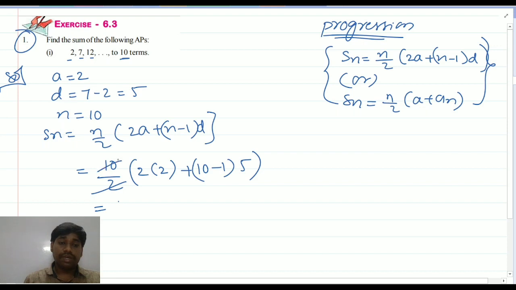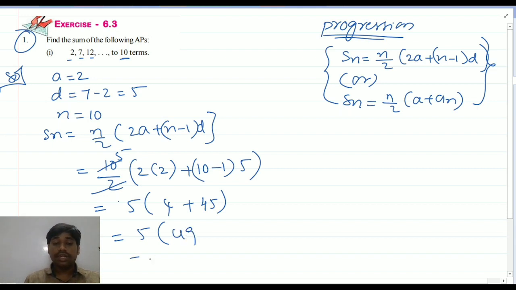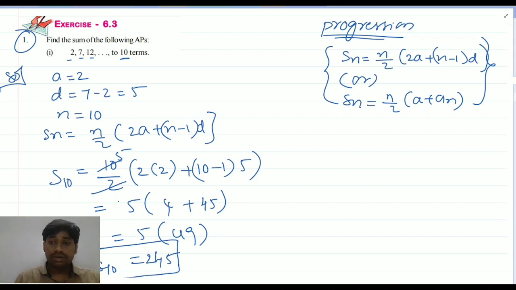That is 5 of 2 twos are 4, 10 minus 1 is 9, 9 into 5 is 45. So 5 of 49, it is 245. So the sum of 10 terms of the given AP is 245. I hope this is very easy, and this kind of model problem we did in the try these.